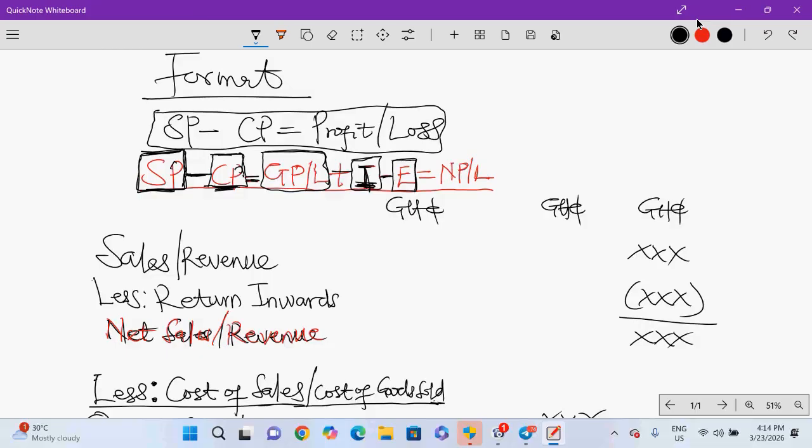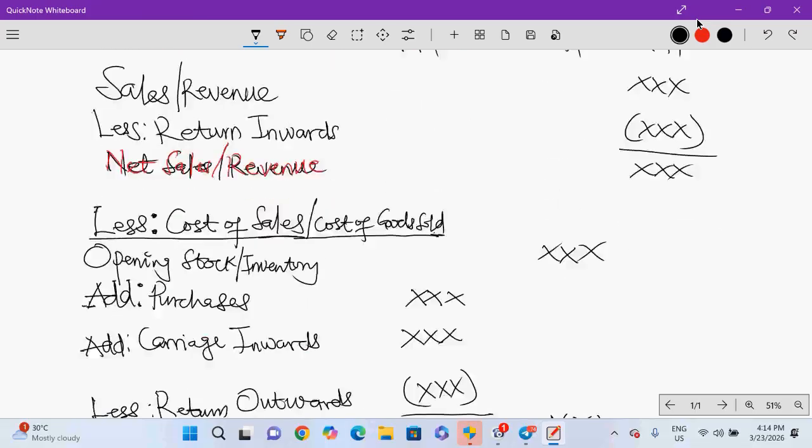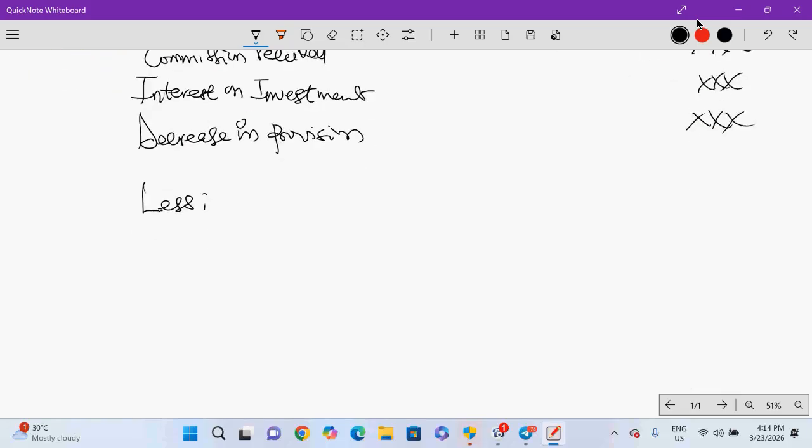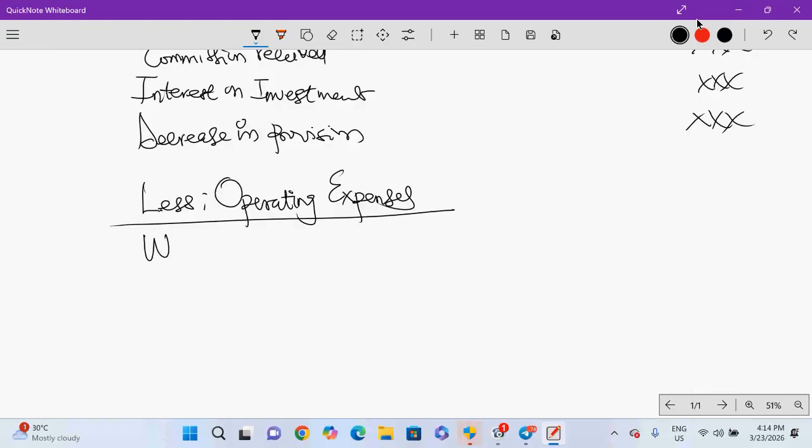Operating expenses are any expenses that are not directly related to the trading. Now, what do we have under operating expenses? You have your wages and salaries.